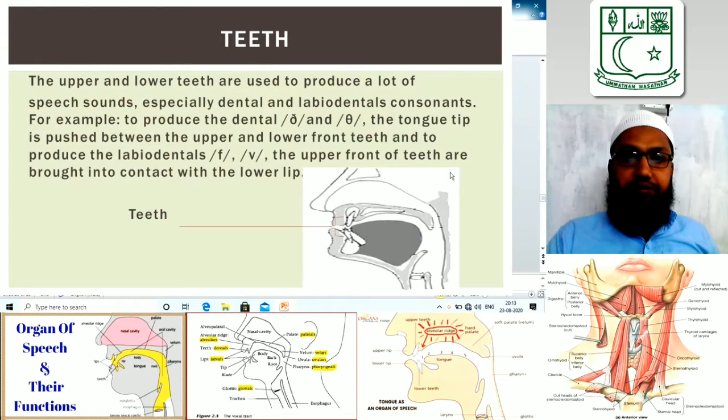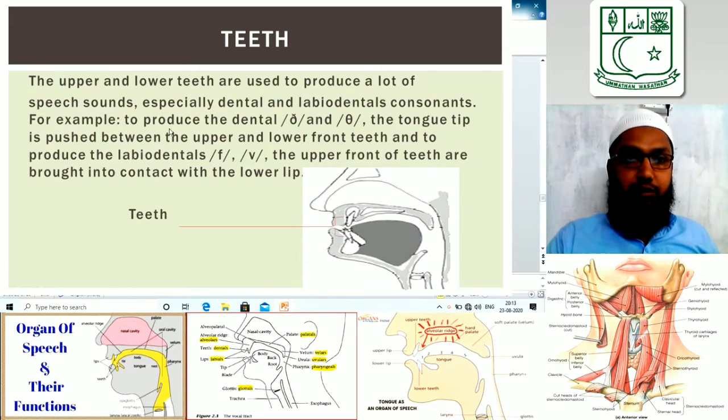Next, teeth. In teeth we have upper teeth and lower teeth. The upper and lower teeth are used to produce a lot of sounds, especially dental and labiodental consonants.